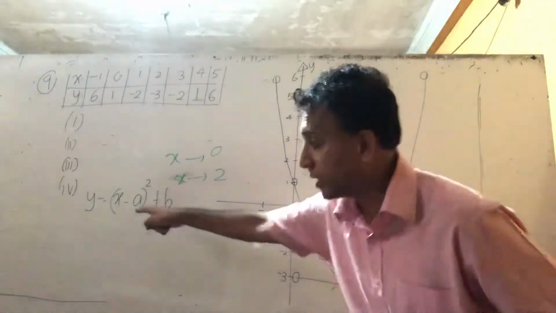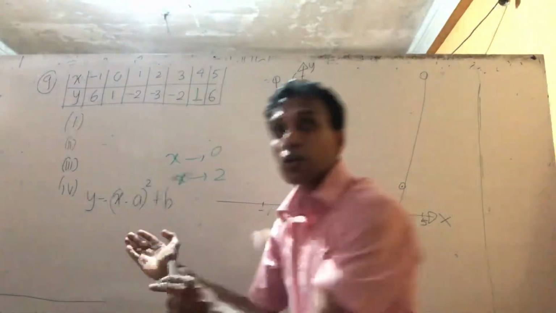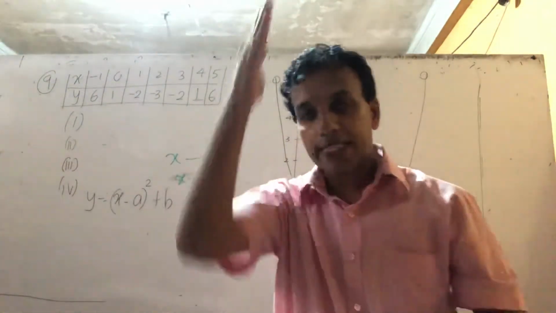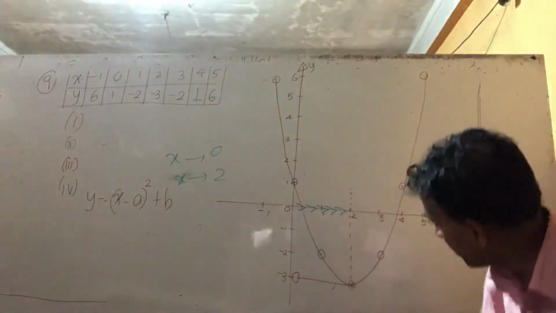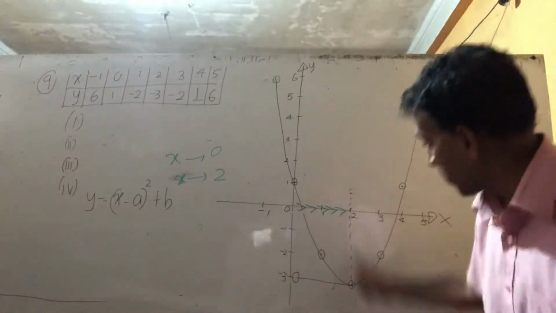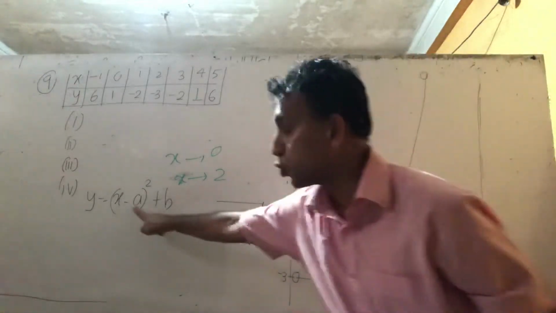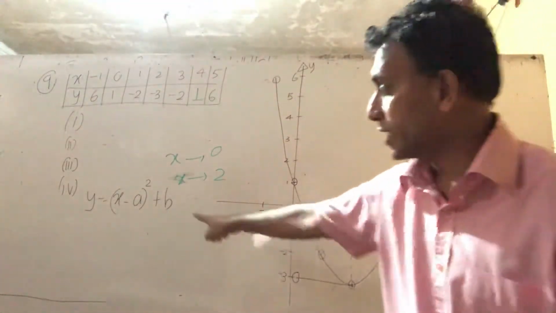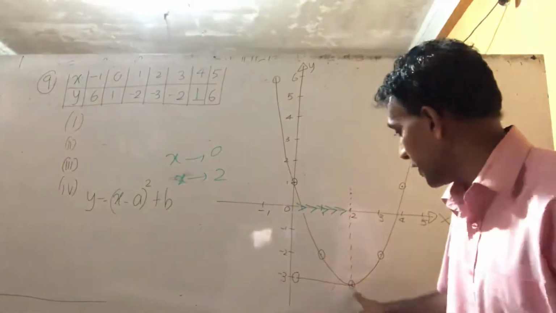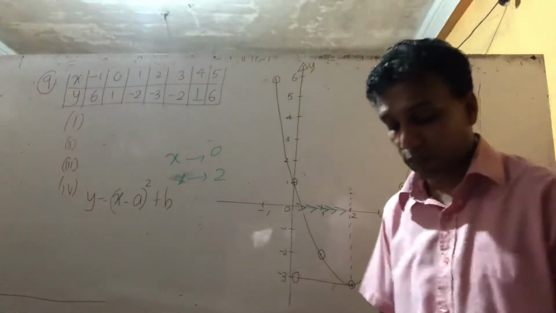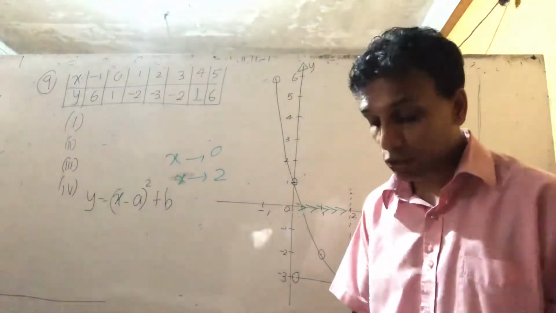Therefore, what is a here? If you make the bracket 0, you can find x equals what? The symmetric line. So here the symmetric line is x equals 2, so a is 2. And what is b? The minimum value, that is -3. Therefore a is 2, b is -3.